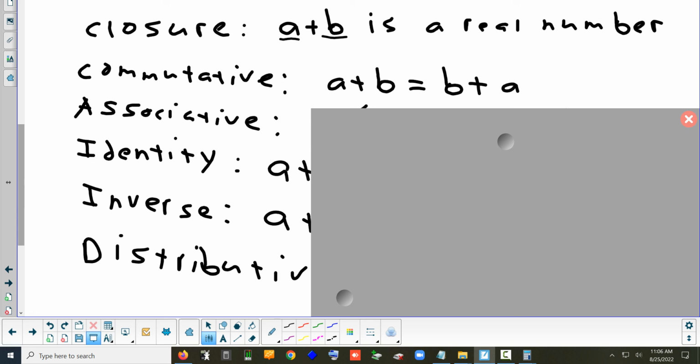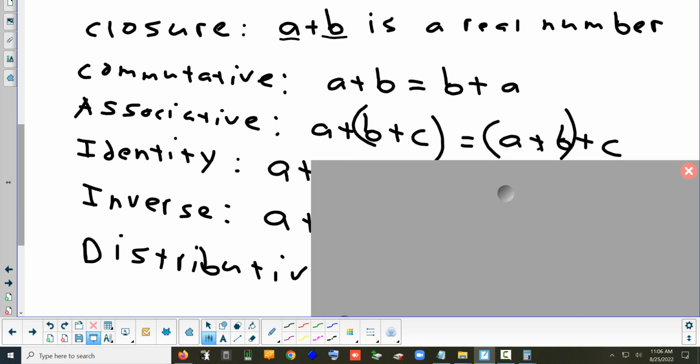But anybody remember what it means? So associative has a grouping symbol. So what symbol in math is a grouping symbol? Parentheses. So associative doesn't have to do with the order. It's the same order on each side. It has to do with how you group things. What do you do first? Do you want to add B plus C first?